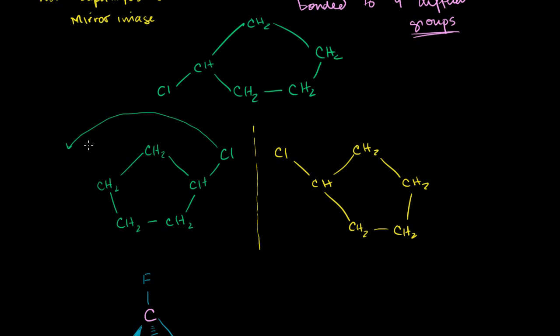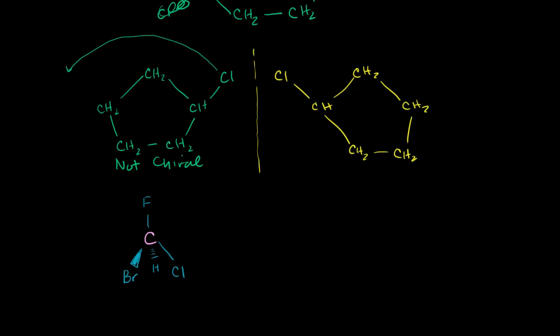If you were to rotate this all the way around, or actually this is almost 180 degrees, it would look like this. And the only difference between this and this is just how we drew this bond here. I could have easily, instead of drawing that bond like that, drawn it facing up like that. And these are the exact same molecule. So this molecule is also not chiral.